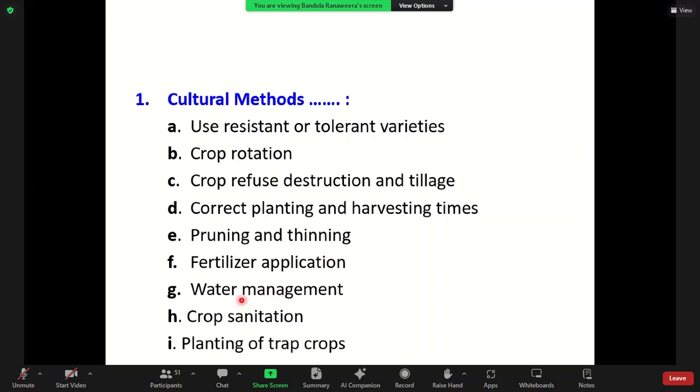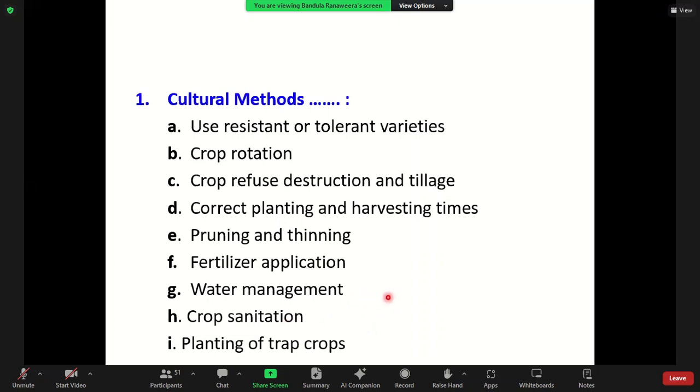Water management is also an important cultural practice. Excess water is favorable for diseases. Lack of water will also create diseases. So proper water management is important. Sanitary measures we mentioned earlier as a quarantine method.